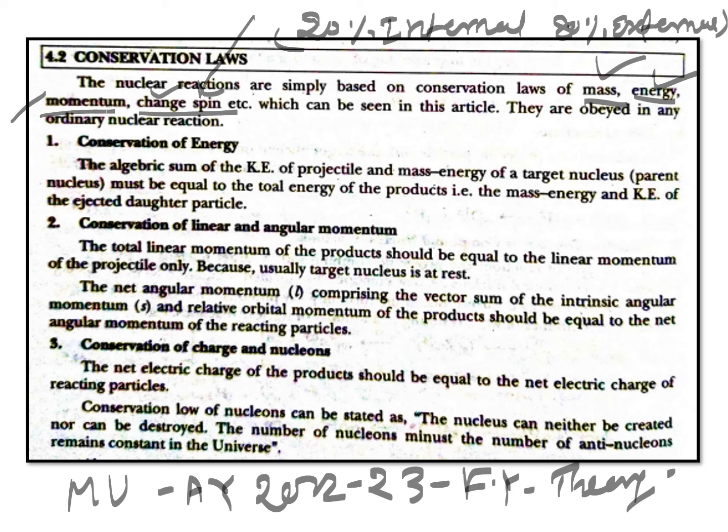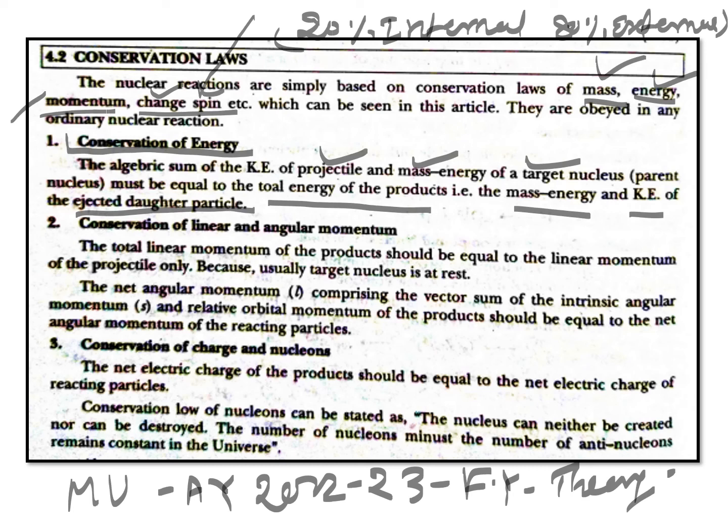Now, what is the conservation of energy? Conservation means it should be constant. The algebraic sum of the kinetic energy of the projectile and the mass energy of the target must be equal to the total energy of the products, that is, the mass energy and kinetic energy of the ejected daughter particles and the product.